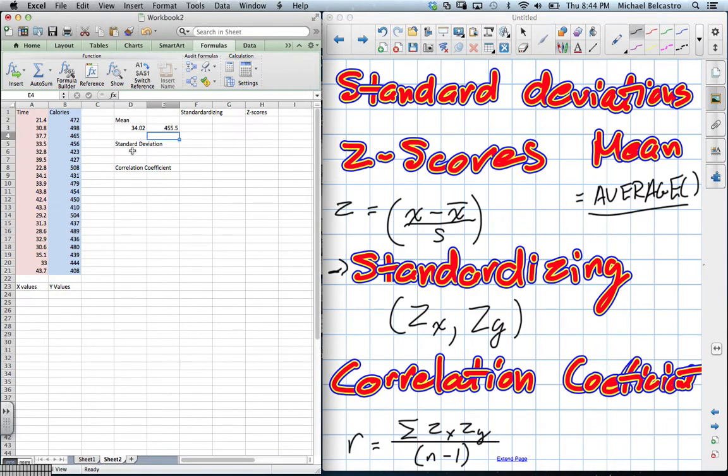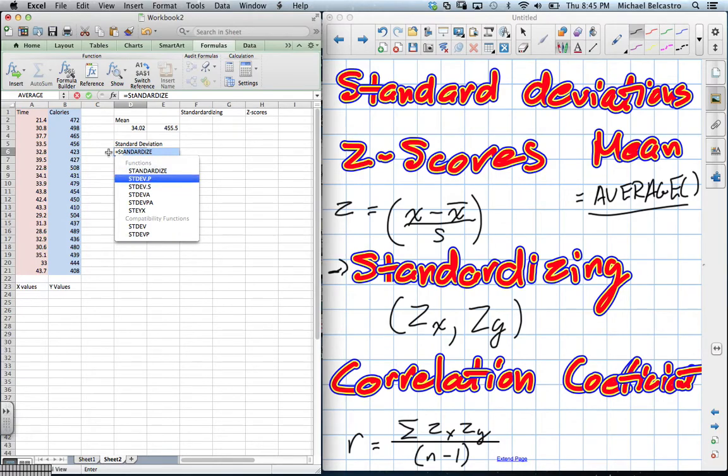Okay. Standard deviation. Let's say we wanted to find the standard deviation of the first set here. Well, standard deviation is equal to ST, and it's standard P. Okay. Standard P is what we want to use, and I just highlight all the numbers in our row. Okay. So STDEV.P. Does that have to do with proportion, P?